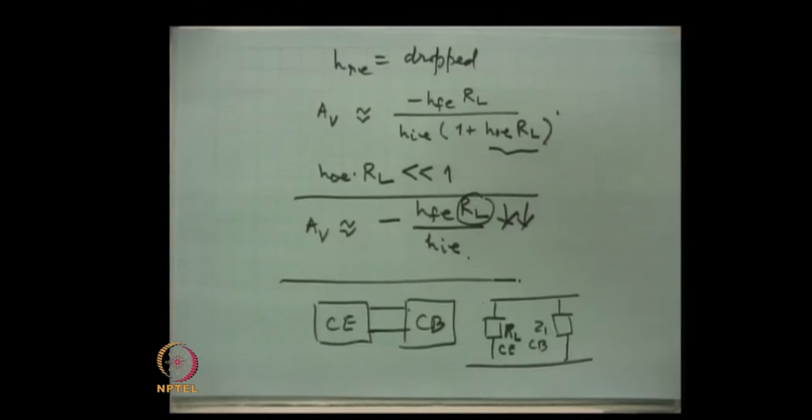The gain may come from say 100 to 20. So that is why the CB stage is not used much. It has few applications in high power circuits, and that is it.